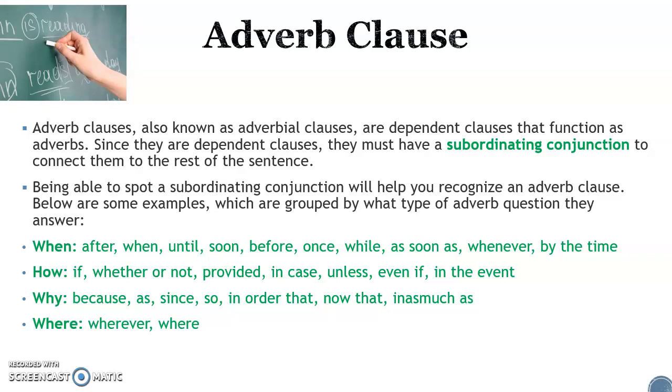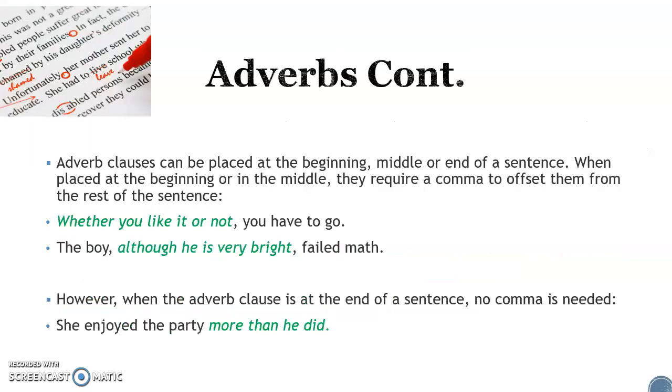And where: wherever, where. So when you're looking for an adverb clause, you need to look for that subordinating conjunction. If you see some of those words that answer those questions, when, how, why, and where, you know where your adverb clause is. So that's your big key right there, is to look and find those specific subordinating conjunctions.